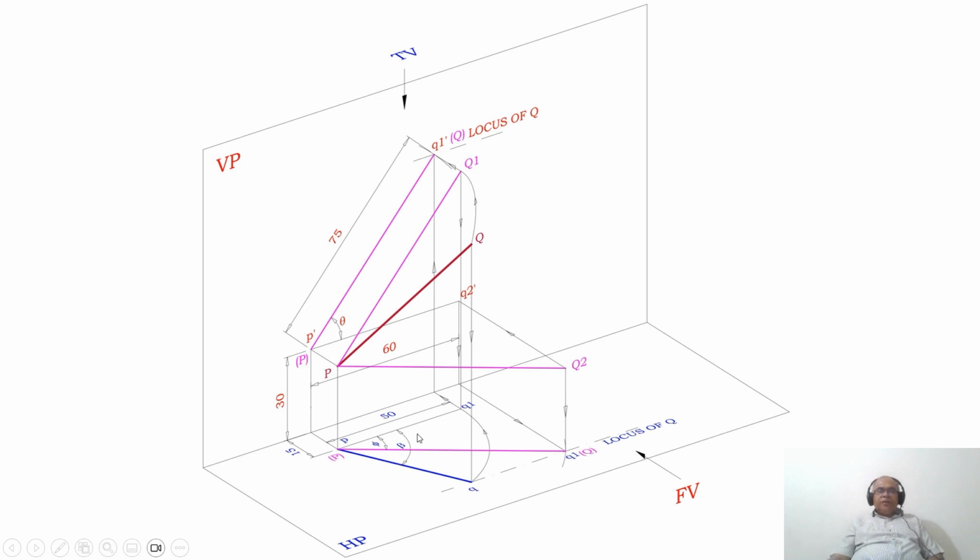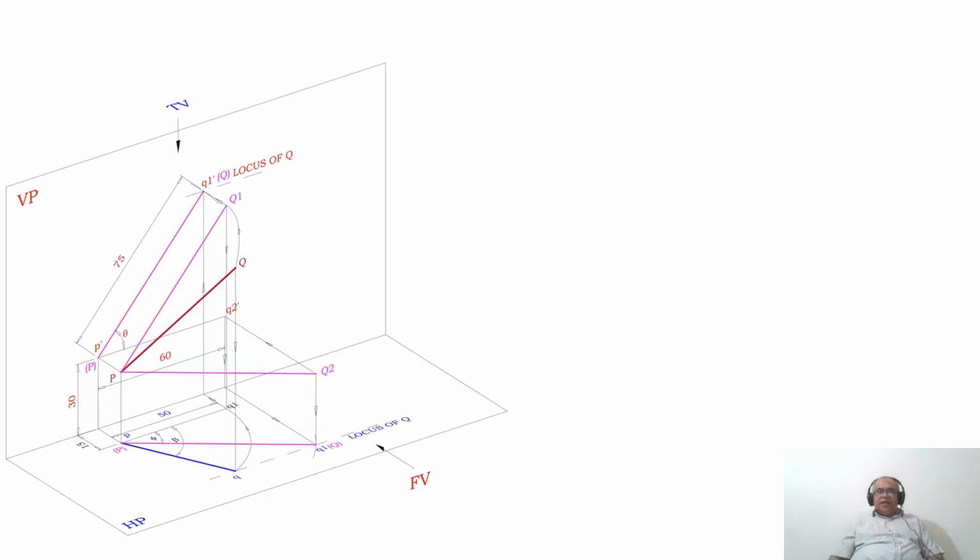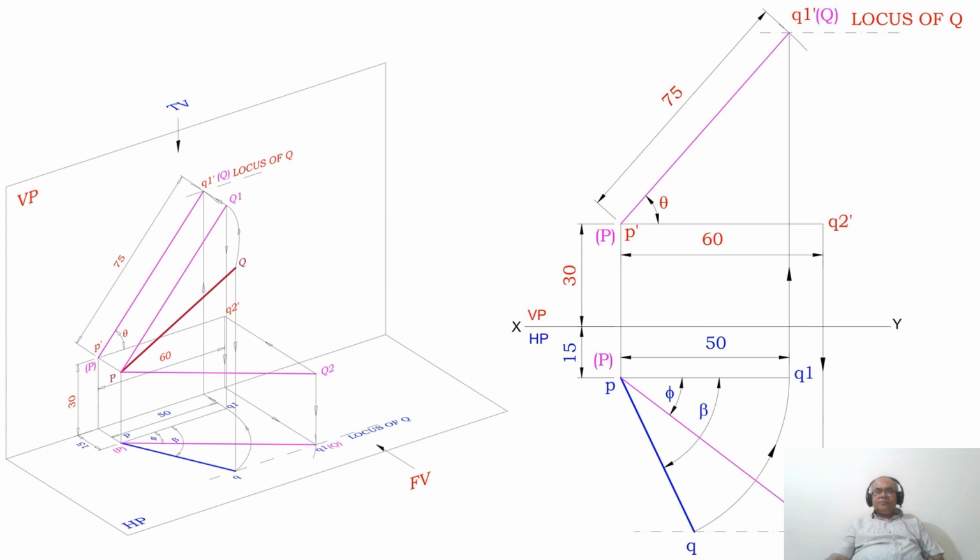So this is how you will be able to find the top view inclination of the true length line capital PQ. So how can it be projected here in 2 dimensions?